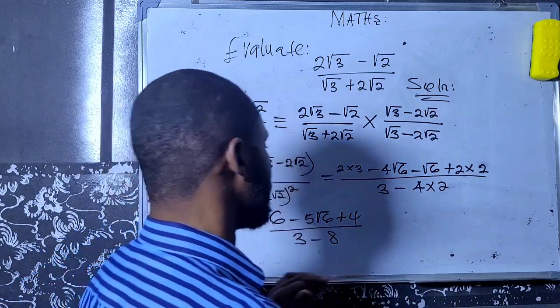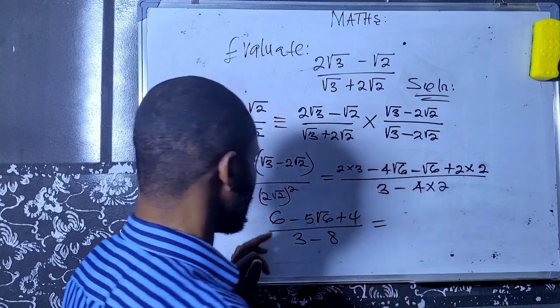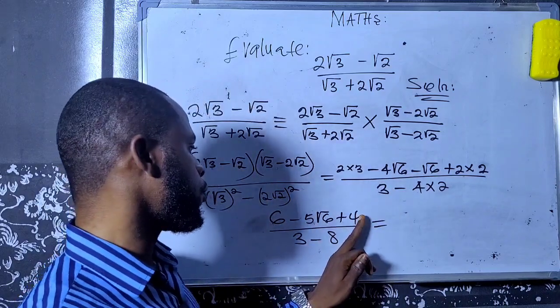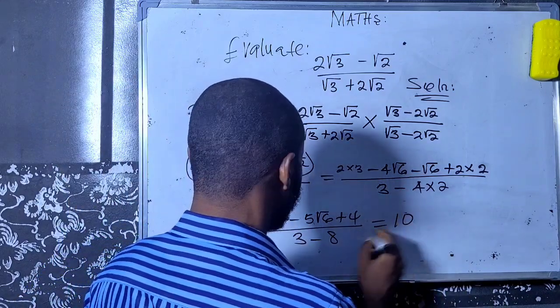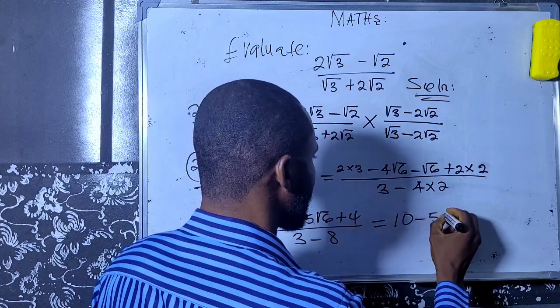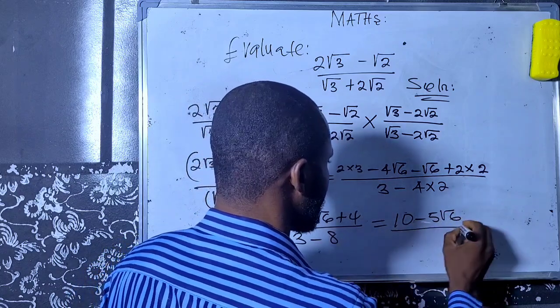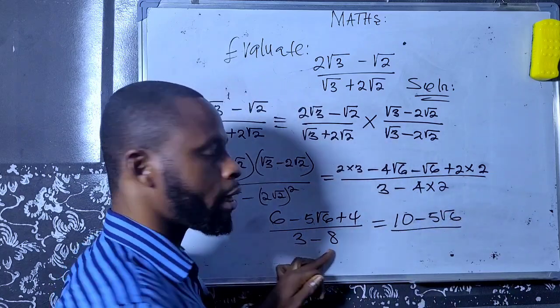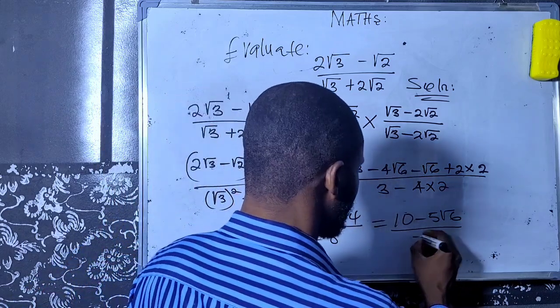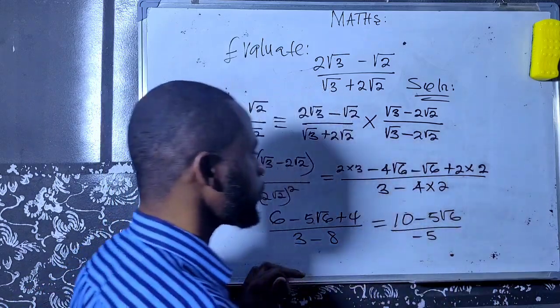If you simplify this further, 6 plus 4 gives us 10. Then we have minus 5 root 6, divided by 3 minus 8, that will give us minus 5.